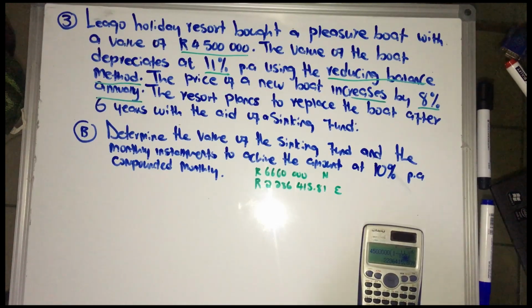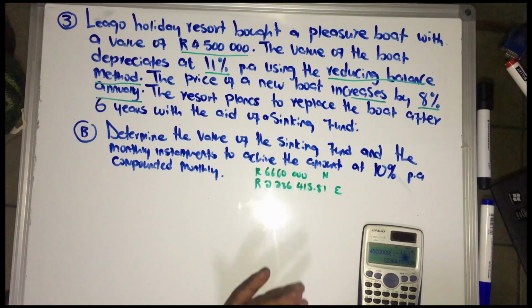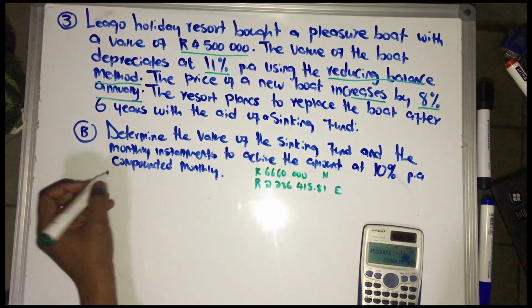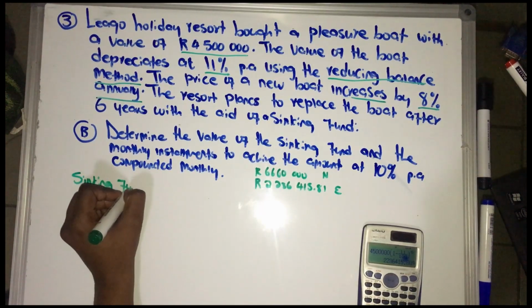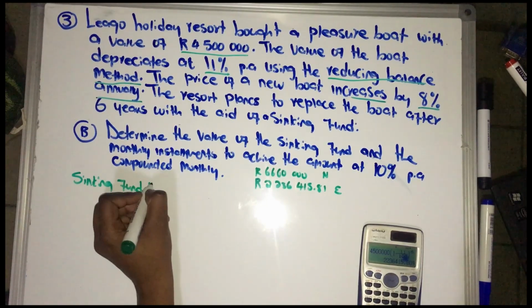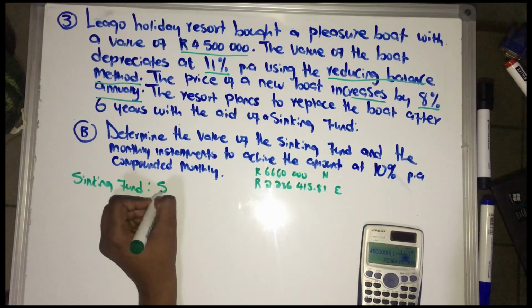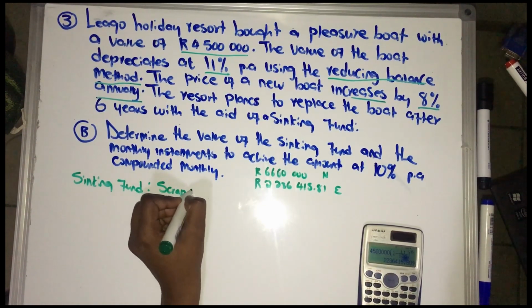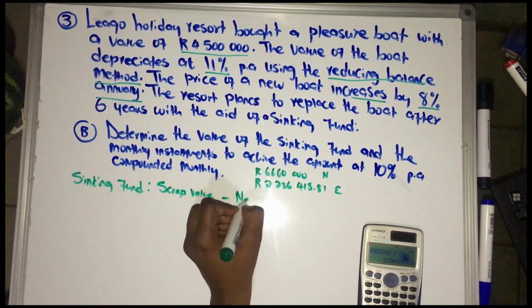So basically what they're asking, how much should we save up such that at the end of 6 years, when we sell the old boat and we want to buy the new boat, how much money is required? So this can easily be calculated from this. So the sinking fund would be, I'll just say the scrap value, right, minus the new price.